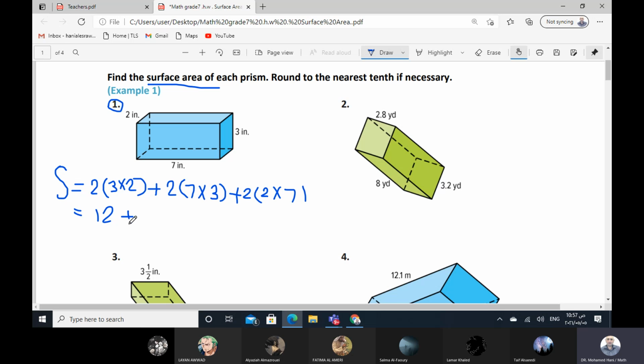Plus 3 times 7, 21. 21 times 2 will be 42. Plus 2 times 7, 14. 14 times 2 will be 28.